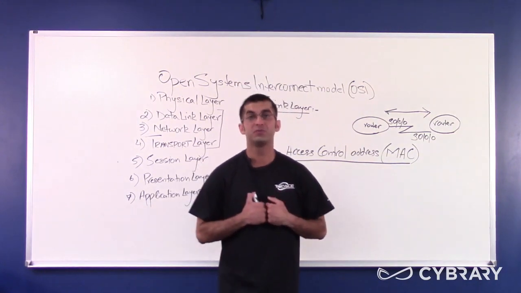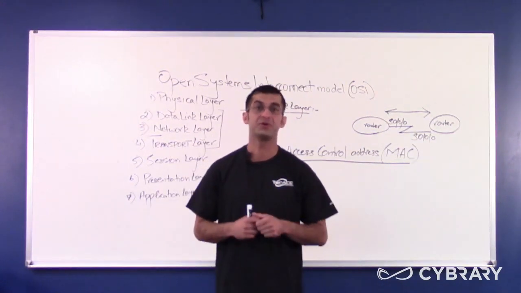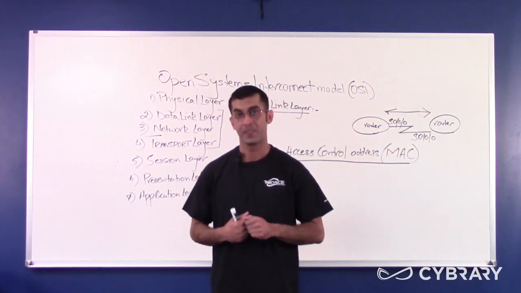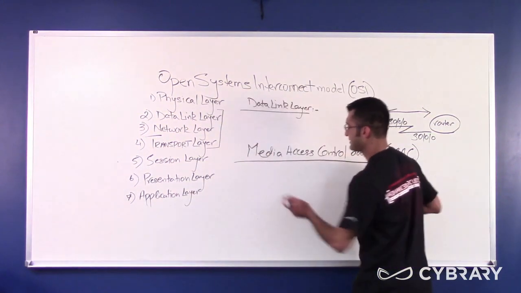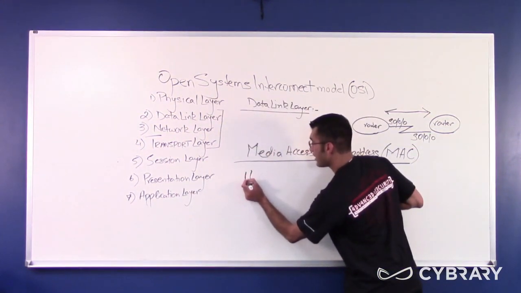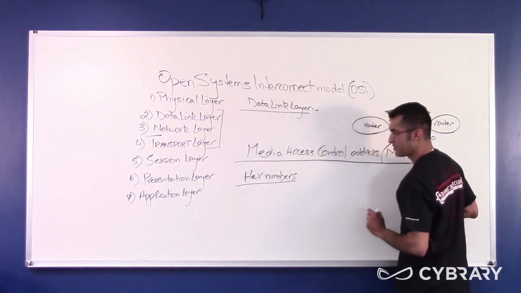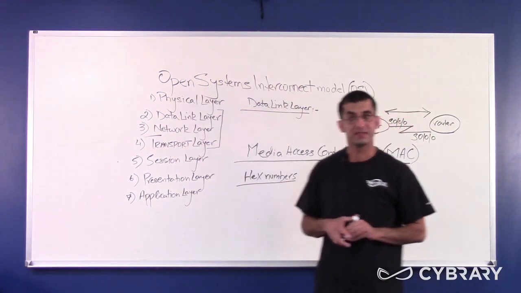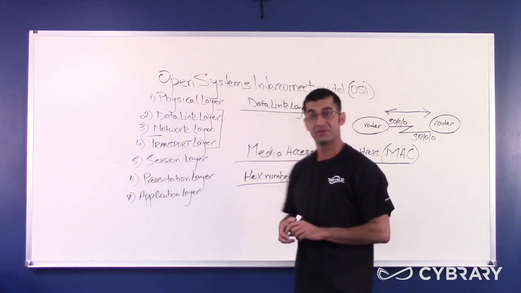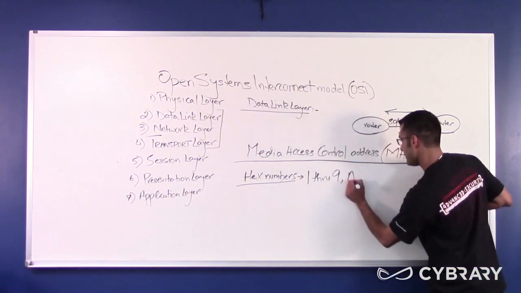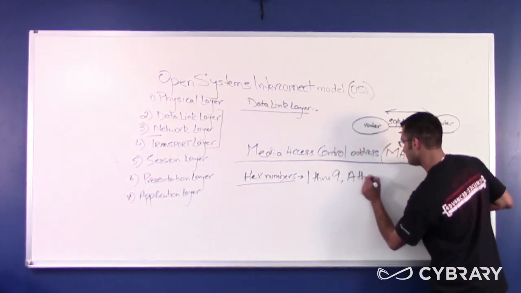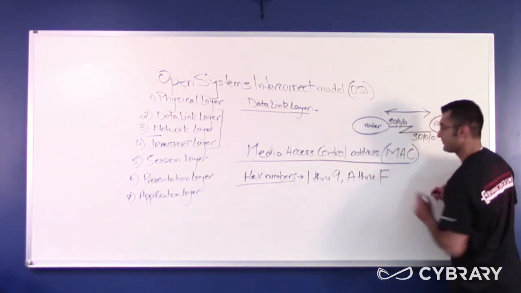Now, I'm not going to assume that people listening to this lecture know what hexadecimal numbers are. So, real quick, what are hexadecimal numbers, or in short, hex numbers? Hex numbers range between 1 and 9, and then A through F. So, hex numbers go 1 through 9, then A through F.